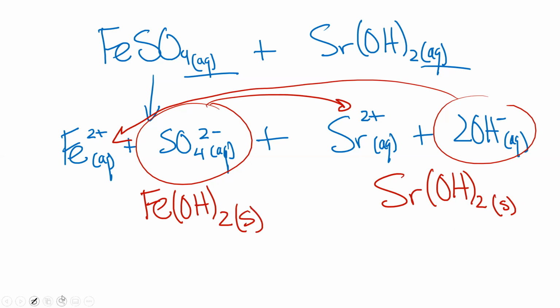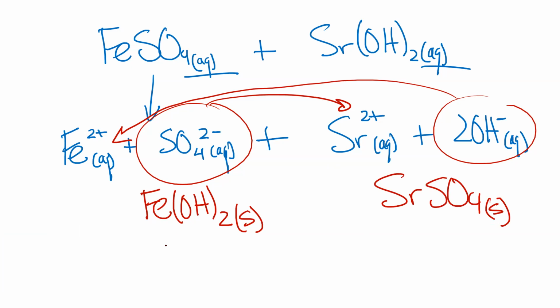Oh, you're right. It has been a long day. Strontium sulfate. Yes. Thank you. Sulfates are soluble except when paired with strontium. So same result, but we don't end up with just pure hydroxides. There we are. So there are our products, our precipitate products.